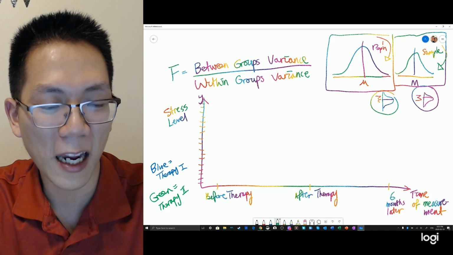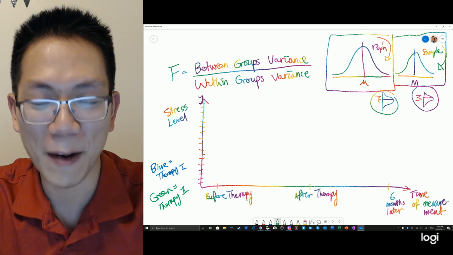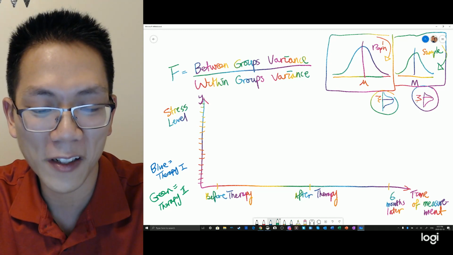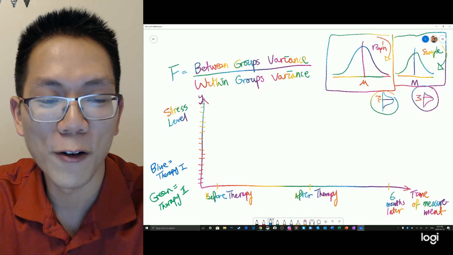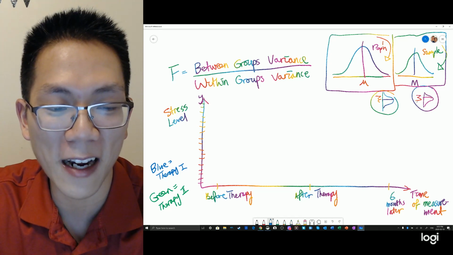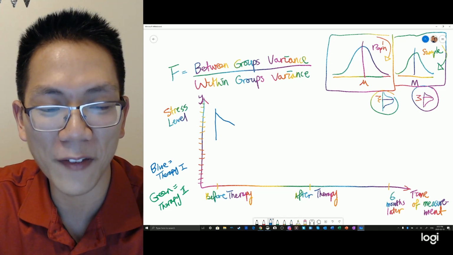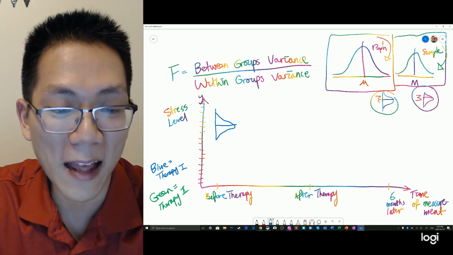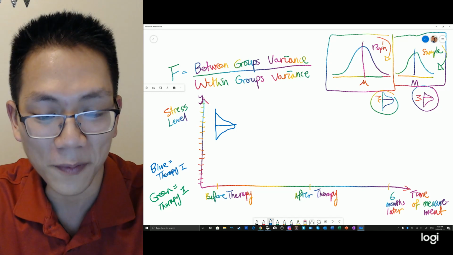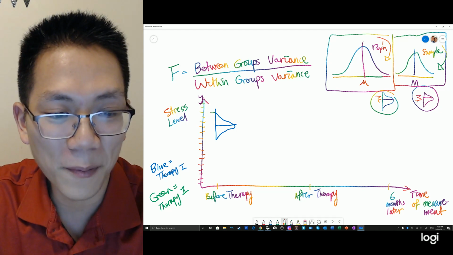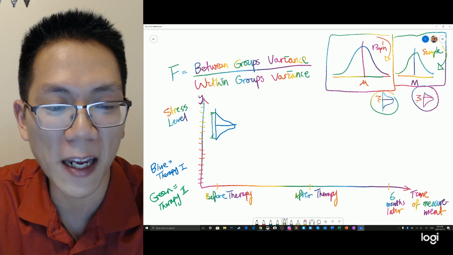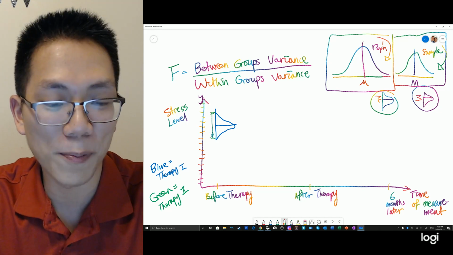This is totally hypothetical, but it is possible. So, for example, we start with therapy 1. Before therapy, let's say they're pretty stressed, so they have their distribution like that here. You notice that there is already a spread within this particular group.